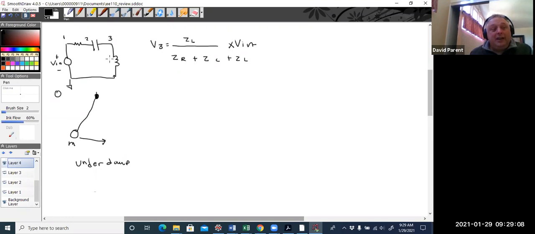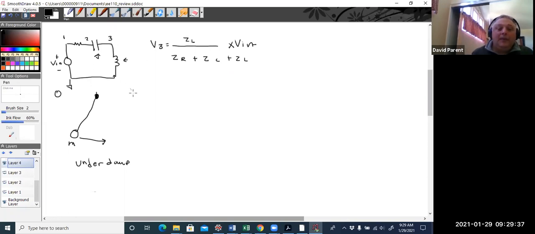However, as you'll find at the end of lab, and I mean the end of the semester, there's issues with these inductors and these capacitors. And so what can happen is, most filters are done with op-amps, resistors, and capacitors. And so there's a tendency to avoid the use of an inductor.